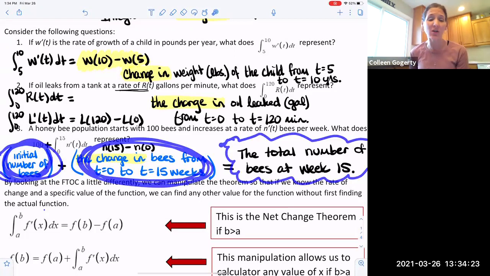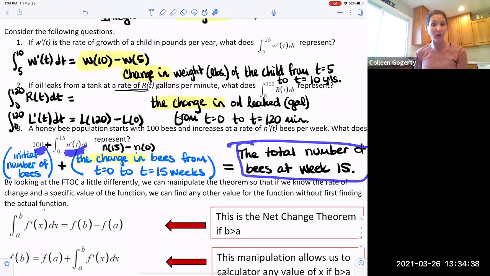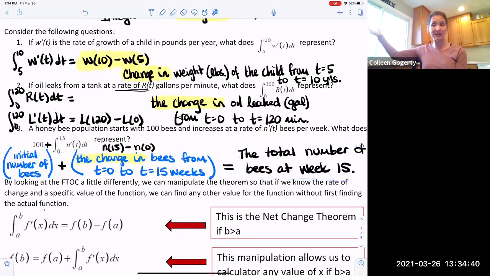So we don't even need to know necessarily what is the equation that n of t, the number of bees, we don't need it. If we know the rate at which they're changing and how many were in the initial population, we'll be able to find the total number of bees at week 15, at week 16, at week 100, whatever the case is, okay?